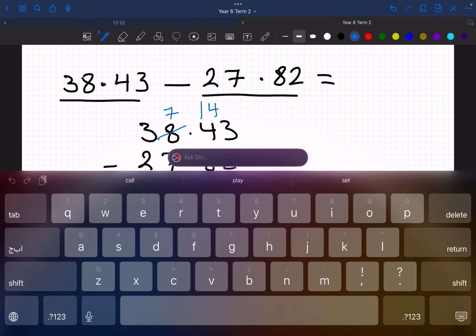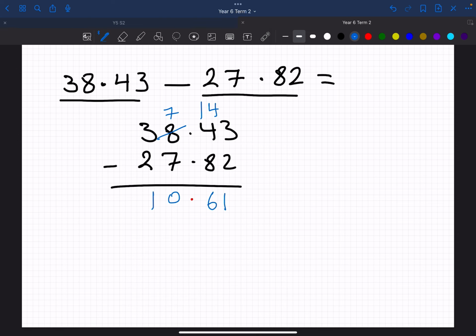So your answer should be 10.61. Of course, if you want to confirm this in the exam, do something called inverse operation. After you did the subtraction, you can do the addition to double check your answer.